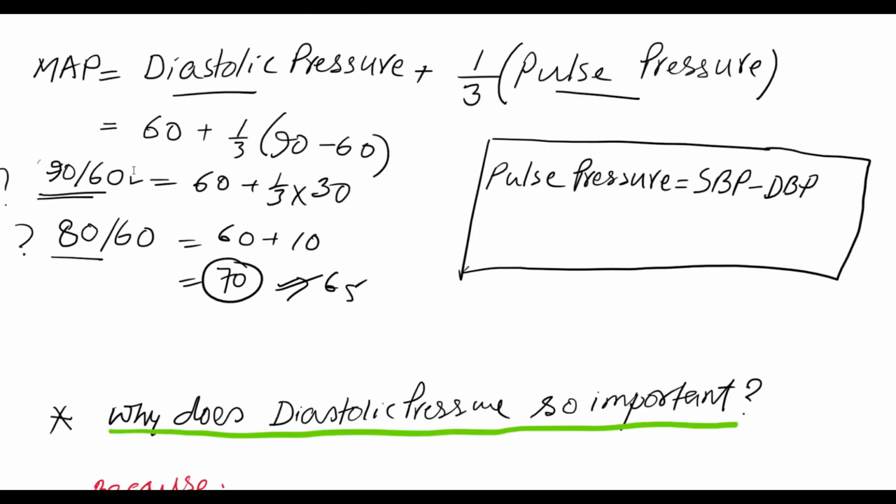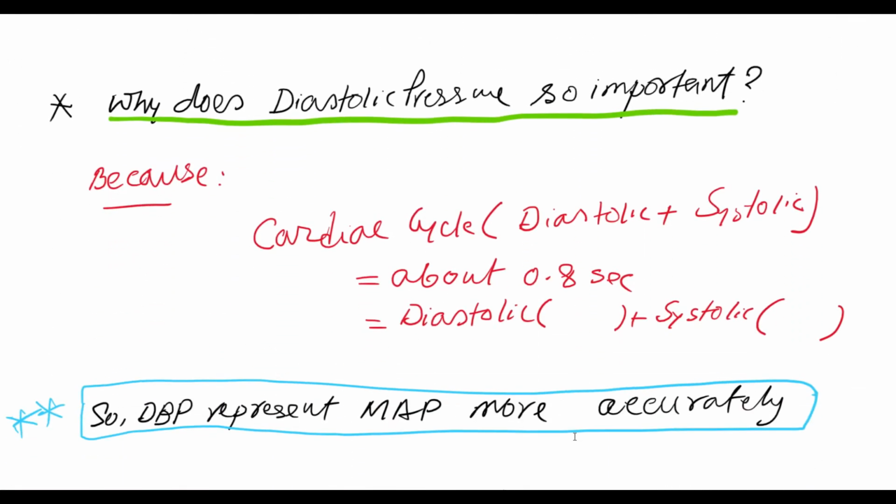Okay, look here, mean arterial pressure equals diastolic pressure plus something else, that is 1/3 of pulse pressure. So the question may arise, why is diastolic pressure so important? Because in the cardiac cycle, what do you mean by cardiac cycle? Diastole plus systole. The cardiac cycle extends for 0.8 second.